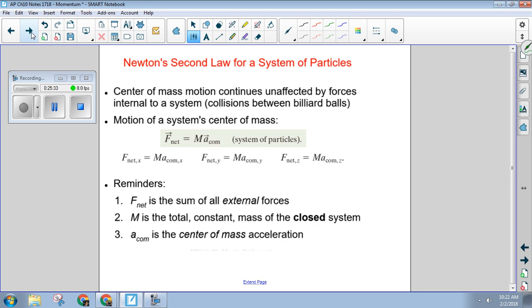Suppose we've got 2 or 3 particles in space, and they're all affected by forces. You can calculate the net force on that system. And when I say the net force, I mean find the forces that come from outside the system. Divide it by the mass of the system, and that'll give you the acceleration of the center of mass of the system. So, in English, what does all of that mean?